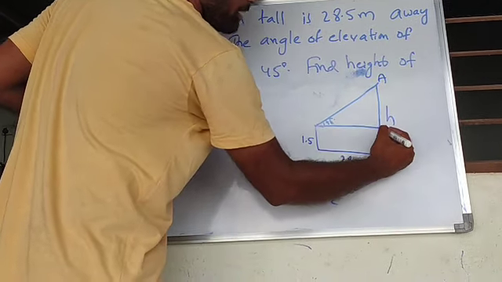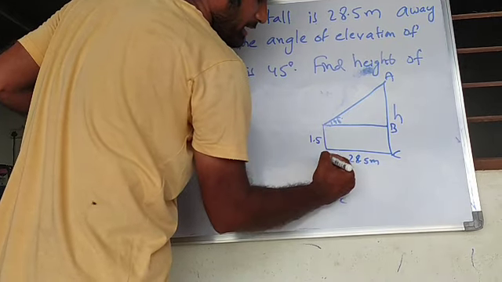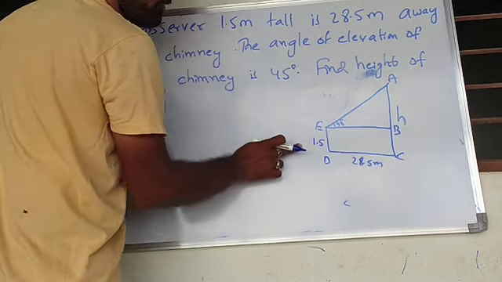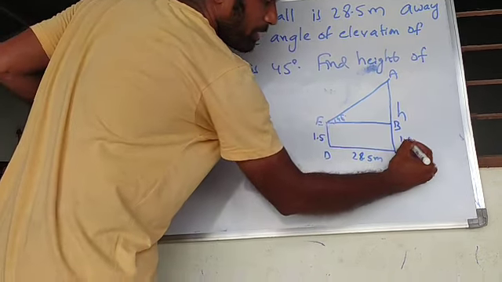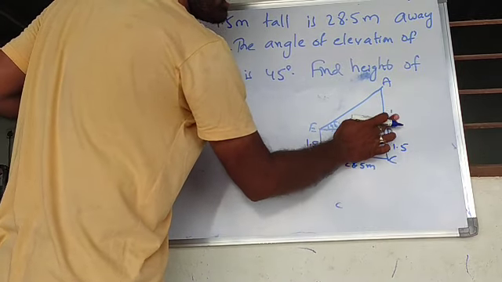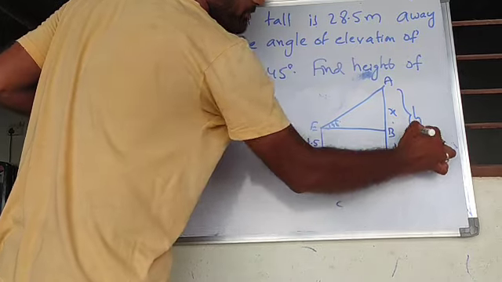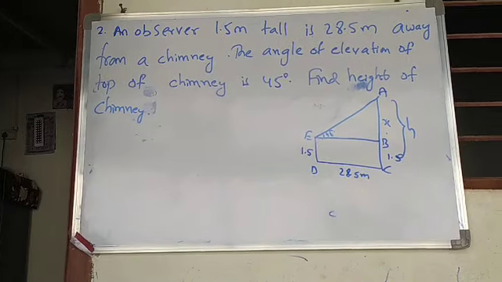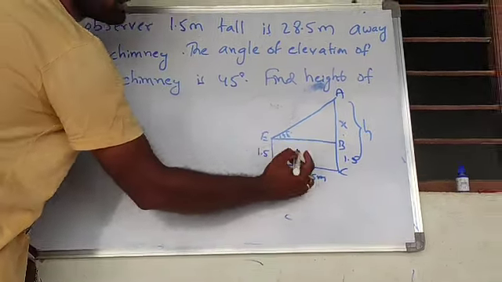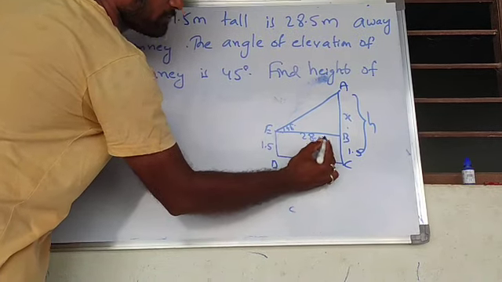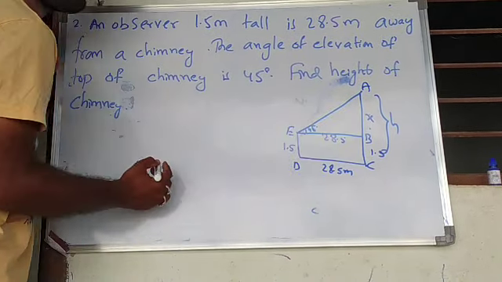So let us give some names here: A, B, C, D and E. If here it is 1.5, here also it will be 1.5. So let me call this x, and the total will be H. This distance will be 28.5. So I can use tan 45.